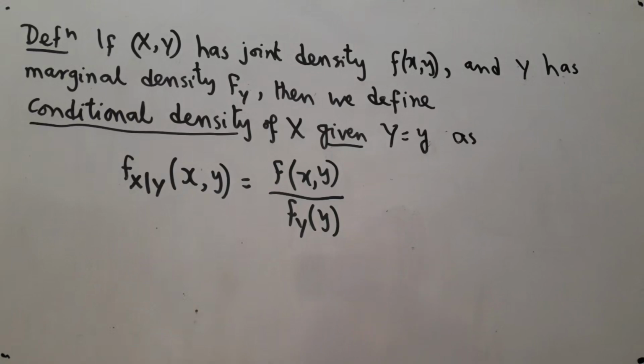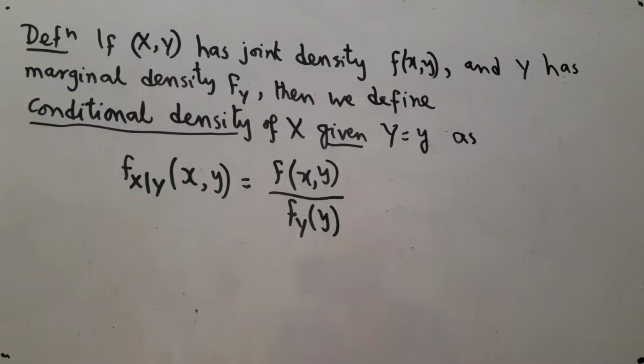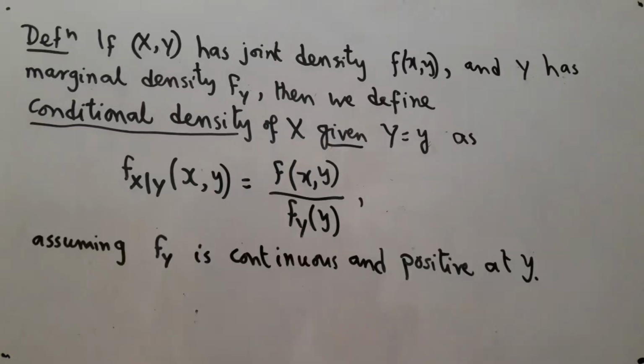Now that's the problem. I am dividing by this quantity, so this must not be 0. But this is the value of a density at a certain point. We know that I can change the value of density at any given point to whatever arbitrary non-negative value I want. So there must be something which fixes this value uniquely, and we know that one way of achieving that is by putting a continuity condition.